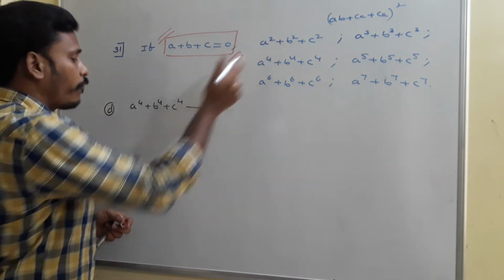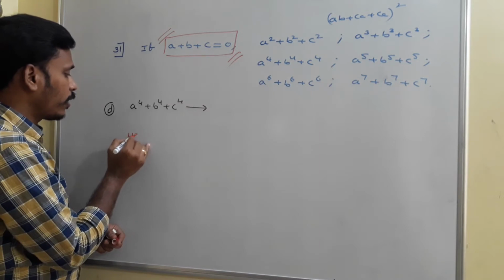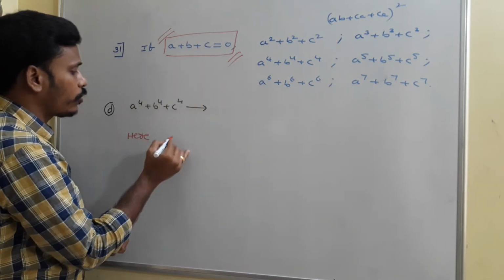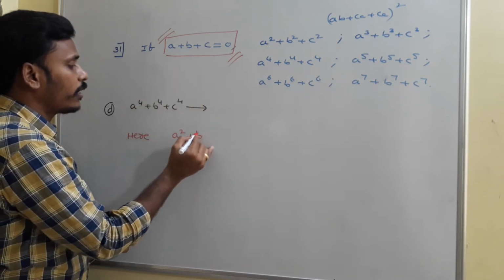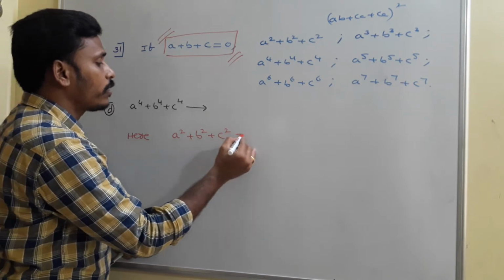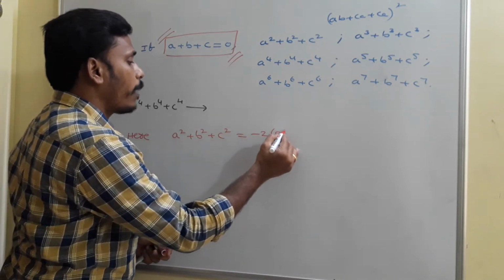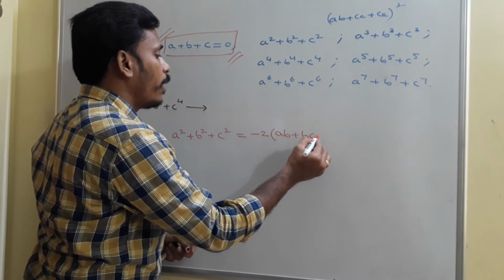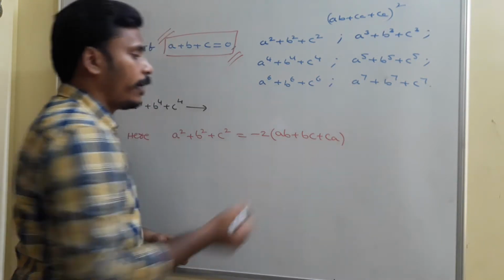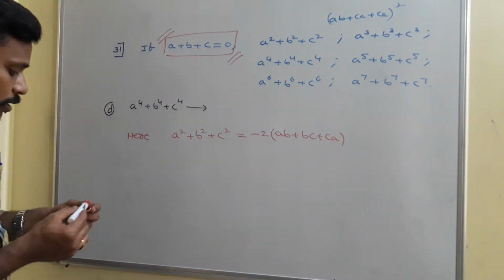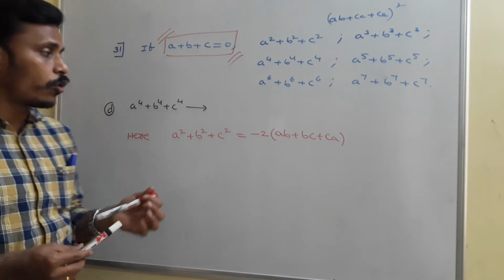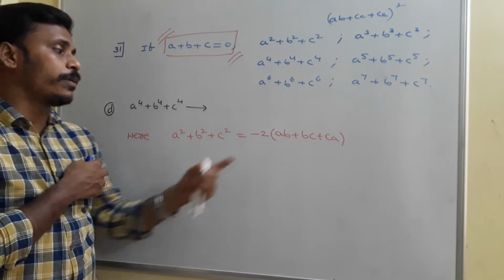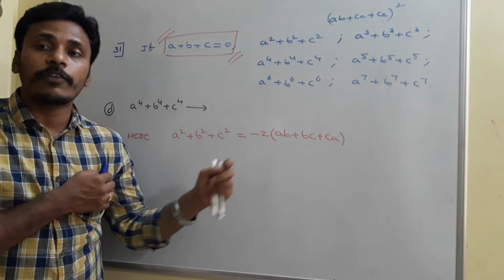As we discussed in the first point, here a plus b plus c is equal to 0, and then a square plus b square plus c square is equal to minus 2 times of ab plus bc plus ca. Is it clear? So a square plus b square plus c square is equal to minus 2 times of ab plus bc plus ca. This we get from A.